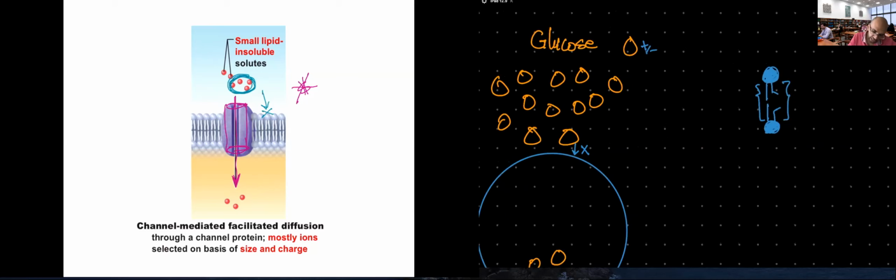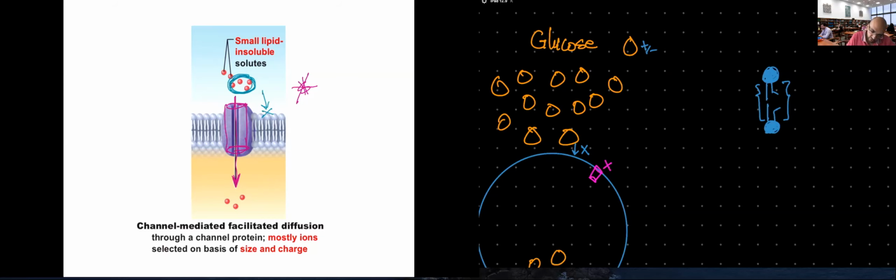How about having a channel? If I do have channels, would I be able to allow this glucose to pass in? Still no. Why? Because the glucose is too large to fit in a channel. So what will you need to have?